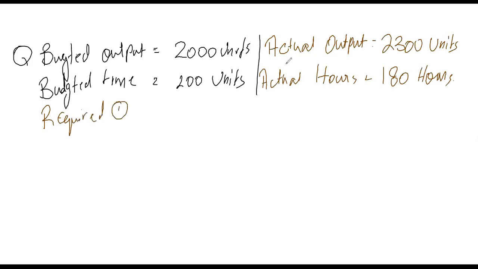Number one is the production volume ratio. Second one is the capacity ratio.